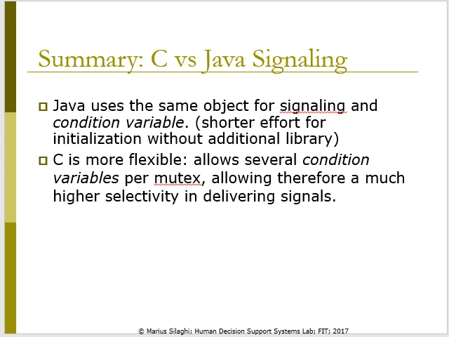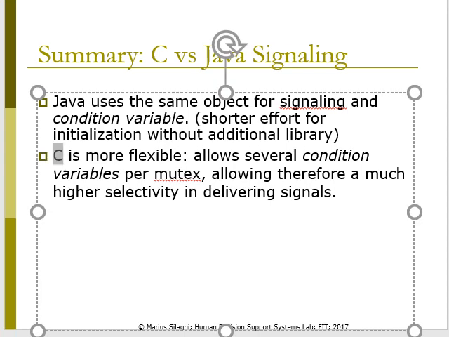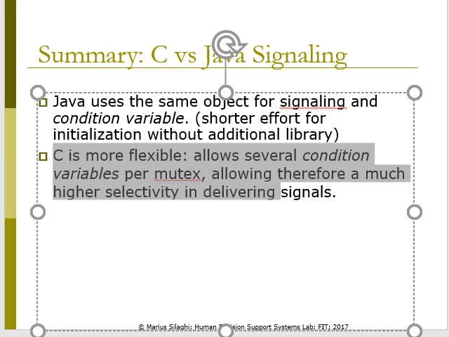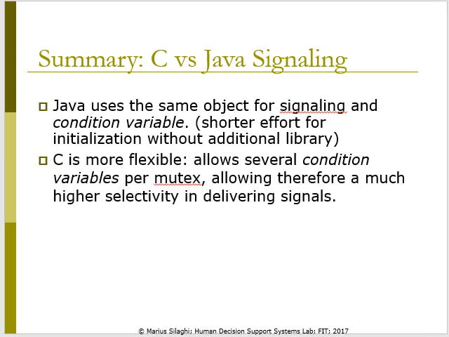On the other side, C is more flexible, allowing several condition variables for one mutex, allowing therefore a much higher selectivity in delivering signals.